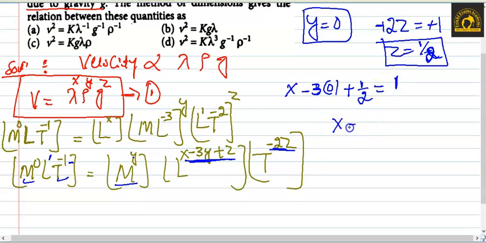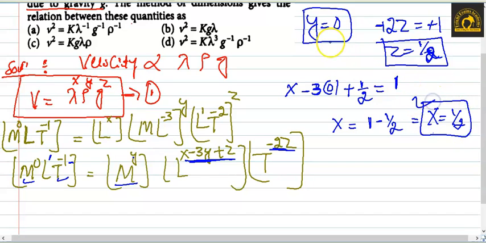So x is equal to 1 minus 1 by 2, that is equal to 1 by 2. x is equal to 1 by 2. So x is 1 by 2, y is 0 and z is 1 by 2.